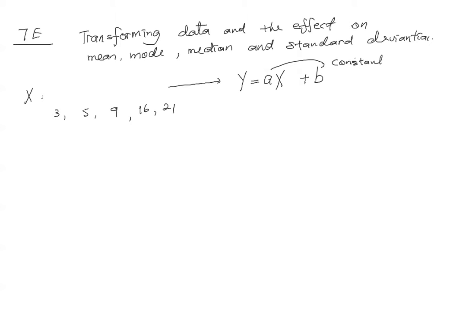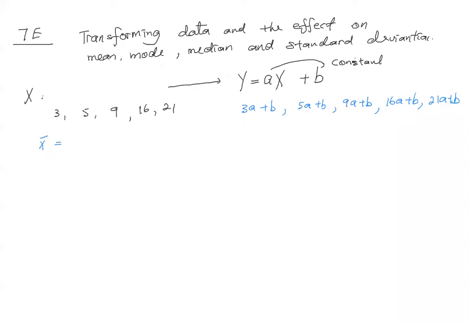Now my first value of Y will be 3A plus B. My second number will be 5A plus B, correct? Third number will be 9A plus B, then 16A plus B, and 21A plus B.